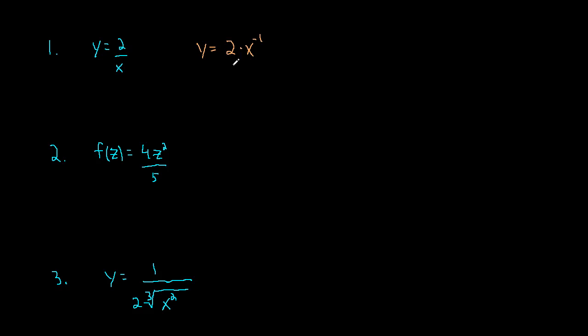Okay, so it looks like we have a constant multiplied by a function, and I know how to find that derivative. y prime is going to equal my constant 2 multiplied by the derivative of x to the negative 1, which is going to be negative 1 times x. Now, decrease negative 1 by 1, and that will be negative 2.